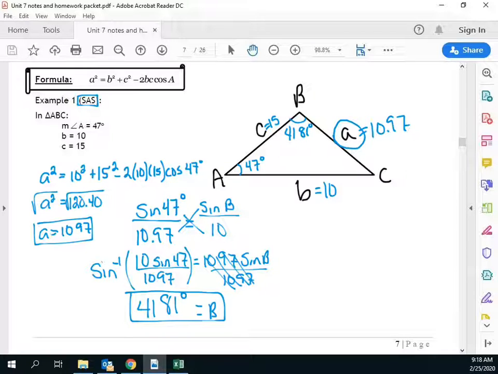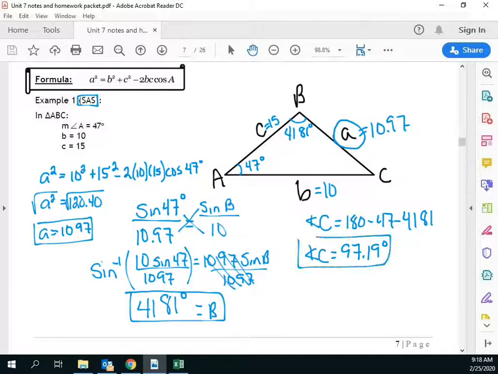What do you think we do to find the last one? There you go. You can add them up and subtract from 180, or just take 180 and subtract it from both of them. Same thing, right? And you end up with the last angle, and that's it.